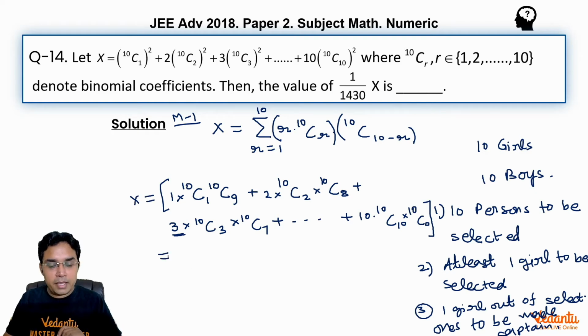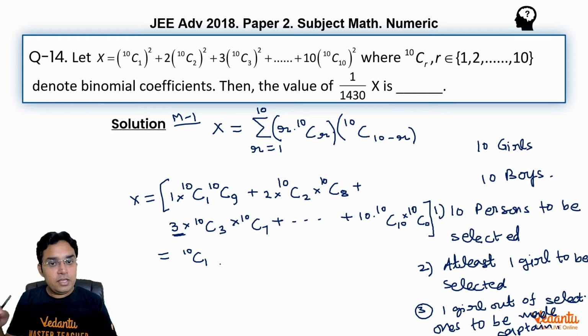I am making this same process, but in reverse order. Let us first select one captain from 10 girls. So this will be done in 10C1 ways. And this has already made sure that at least one girl is selected. Now we may choose or we may not choose any girl after that.